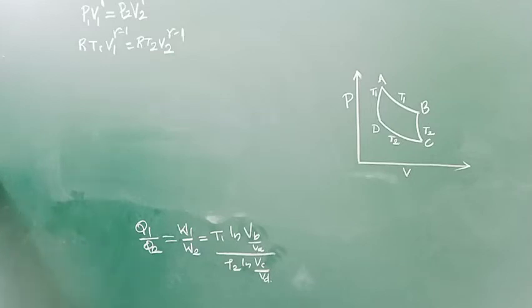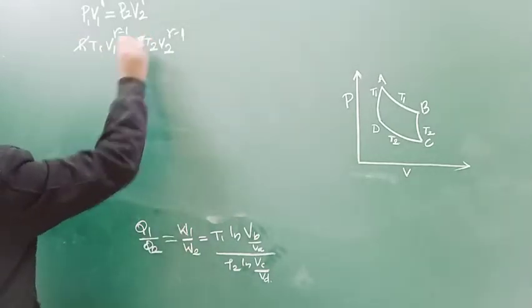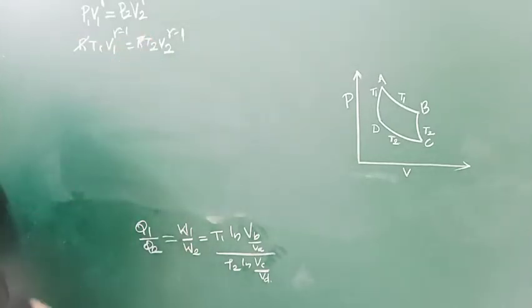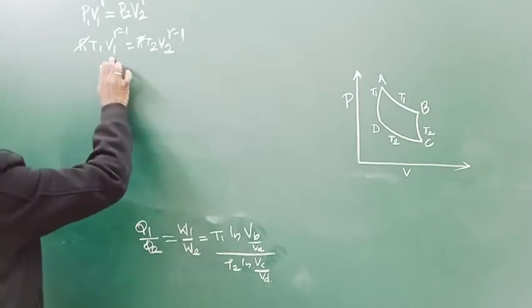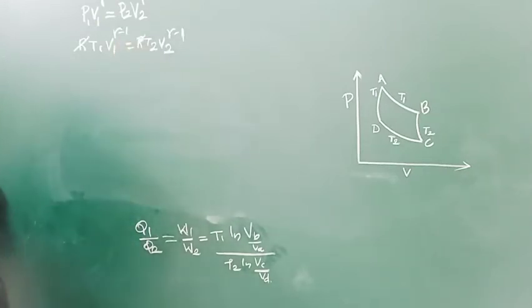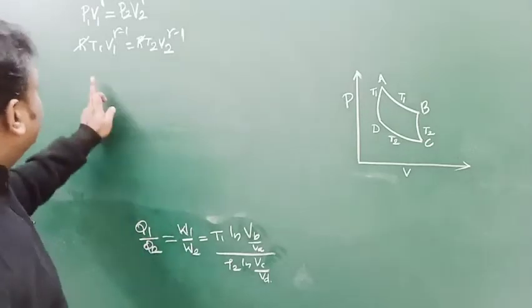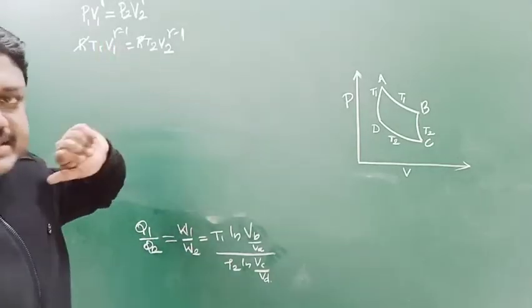R and R get cancelled. So another form of the adiabatic equation is T V power gamma minus 1 is constant. PV power gamma is a constant, or T V power gamma minus 1 is a constant.